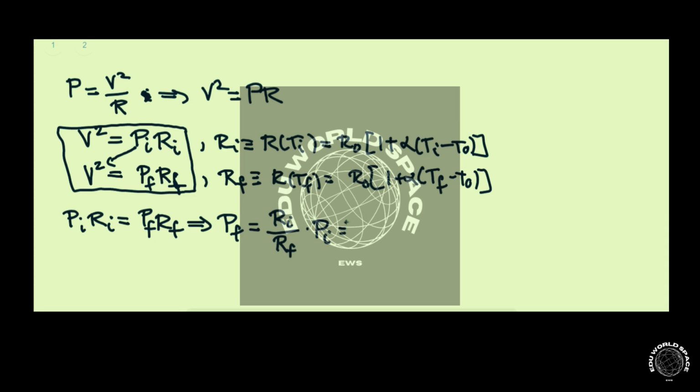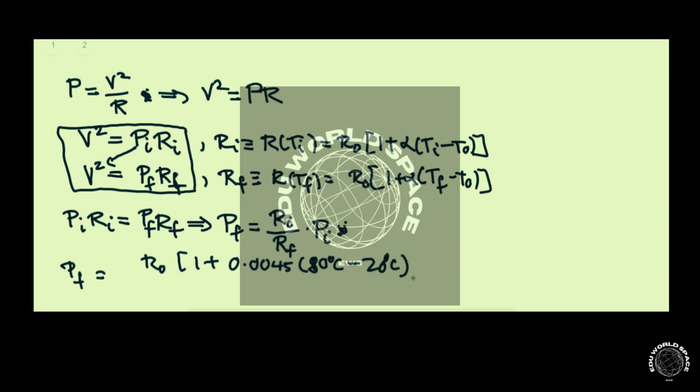So we have, let's write on the next line, PF is equal to R naught times 1 plus this alpha for tungsten, and then our Ti was 80 degrees Celsius minus 20 degrees Celsius.